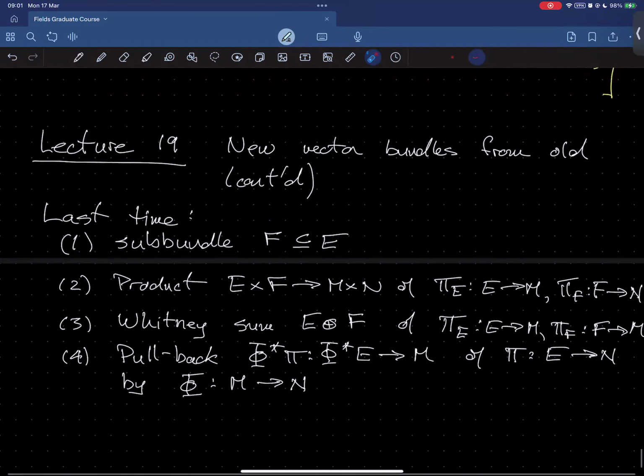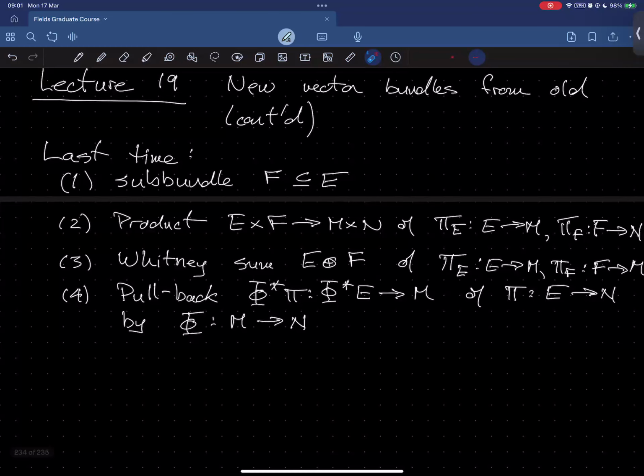We had the notion of a subbundle. If you have a subset F of a vector bundle E, we built a subbundle F over M.